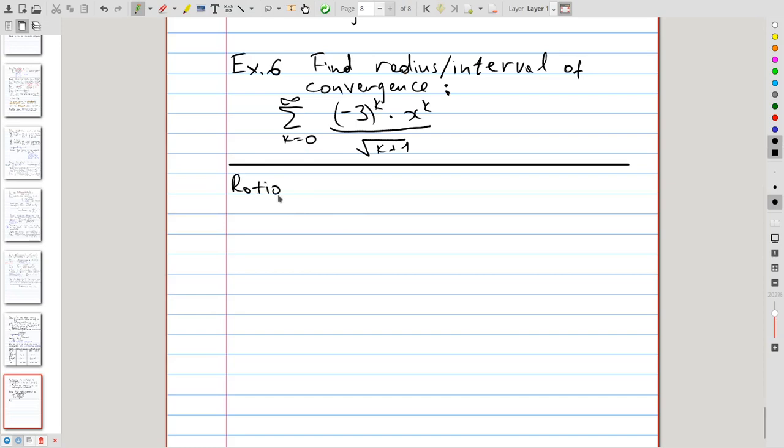Okay, so the ratio test. We will look at the usual limit, and here a_{k+1} is minus 3 to the k plus 1 times x to the k plus 1 divided by square root of k plus 1 plus 1.